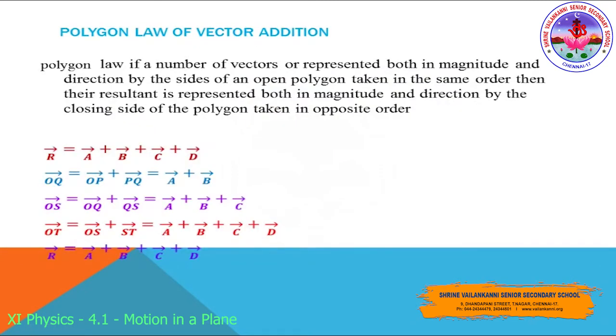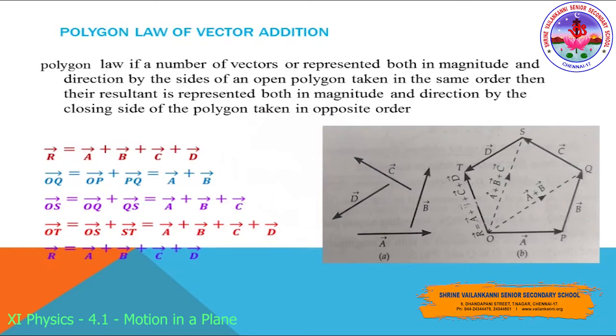The next one is the polygon law of vector addition. If a number of vectors are represented both in magnitude and direction by the sides of an open polygon taken in the same order, then the resultant is represented in magnitude and direction by the closing side of the polygon, in the opposite direction. See the diagram: OP, PQ, QS and ST are all vectors in the same order, and the resultant vector is in the opposite direction.